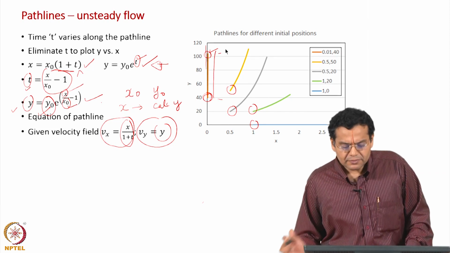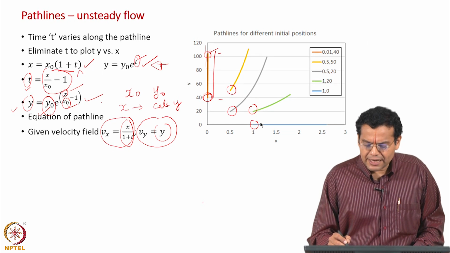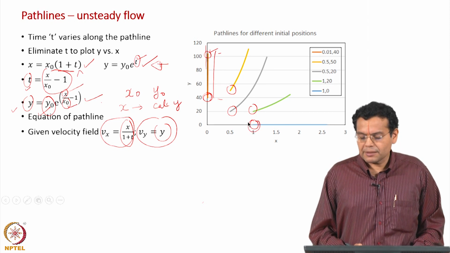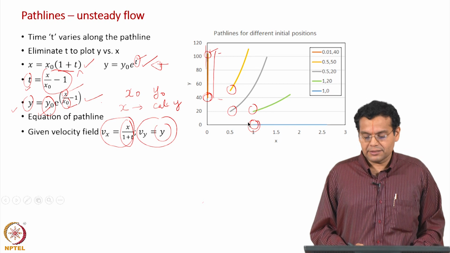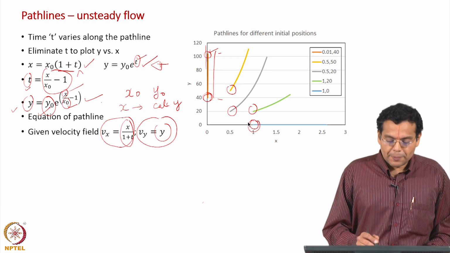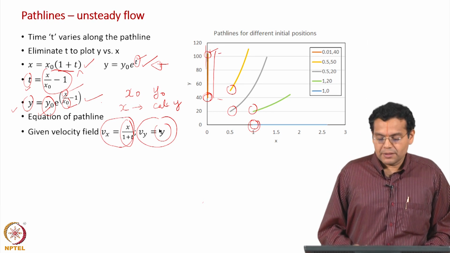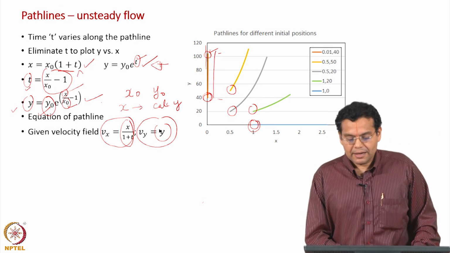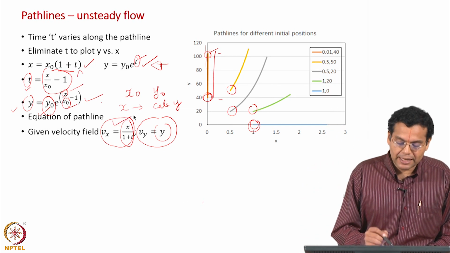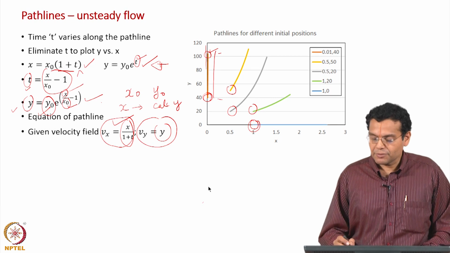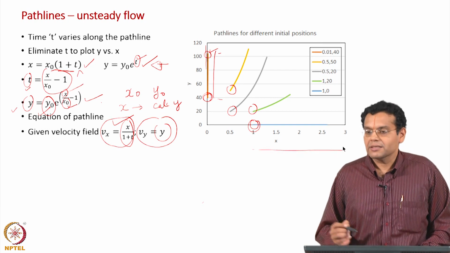Now, similarly, if you take the other extreme where the particle lies on the x axis, the y velocity is 0, and you have only the x component of velocity, and that is why it just travels along a straight line.